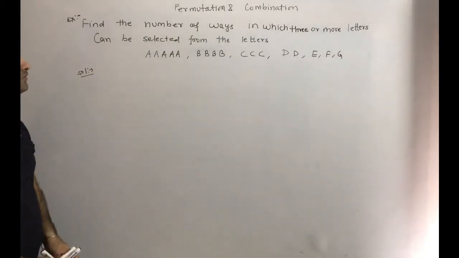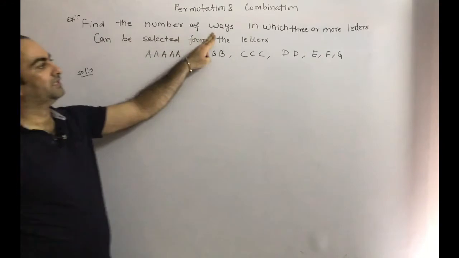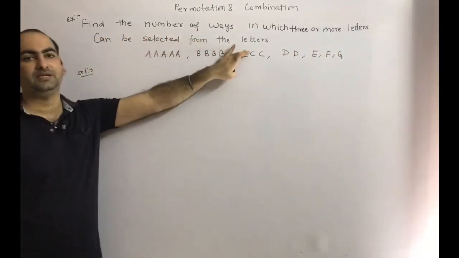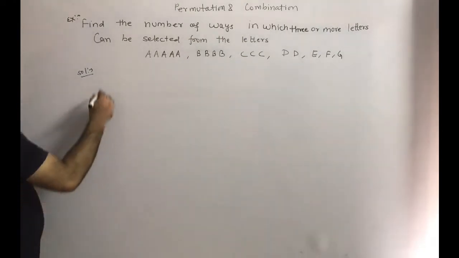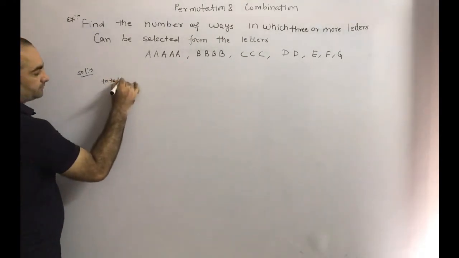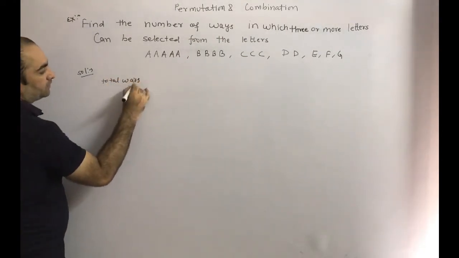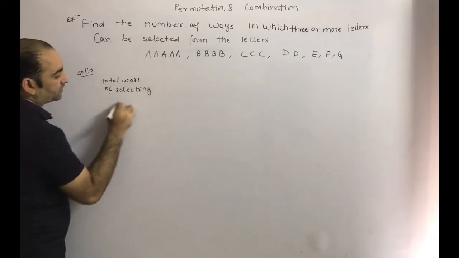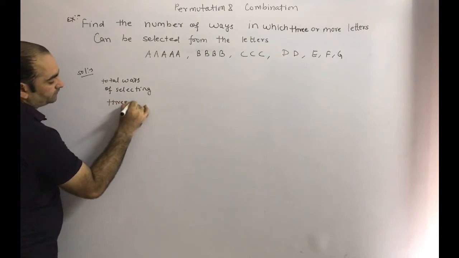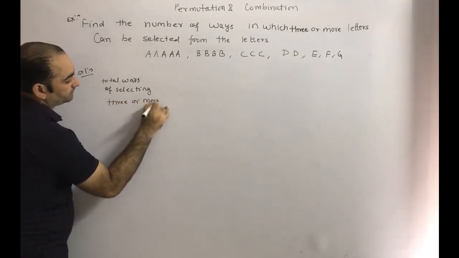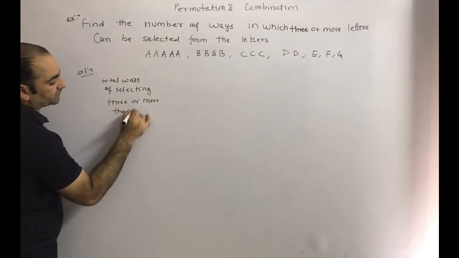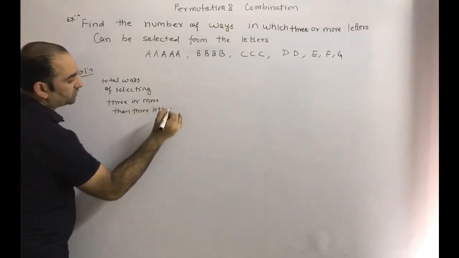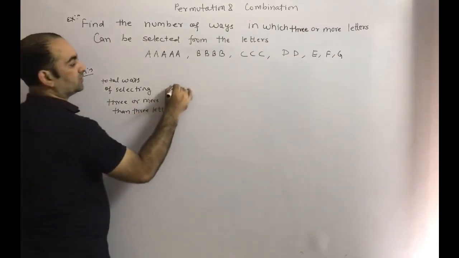Okay, so we want to find out the number of ways in which 3 or more letters can be selected from the letters. So we want the total ways of selecting 3 or more than 3 letters. So what will you do? First we have to find out the total ways.